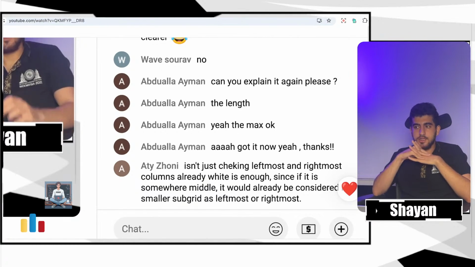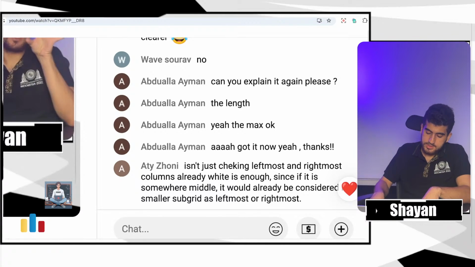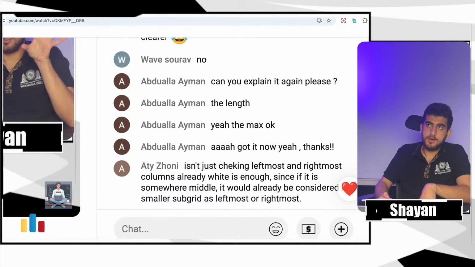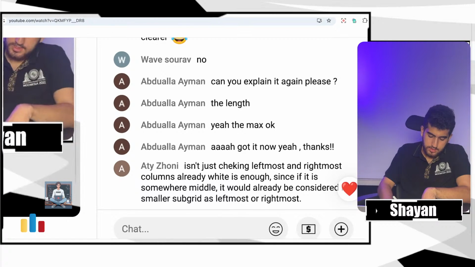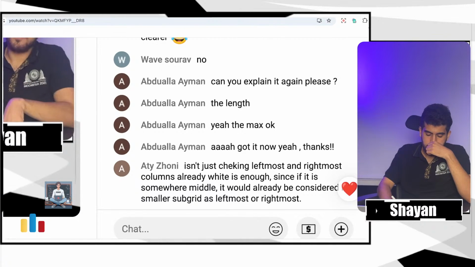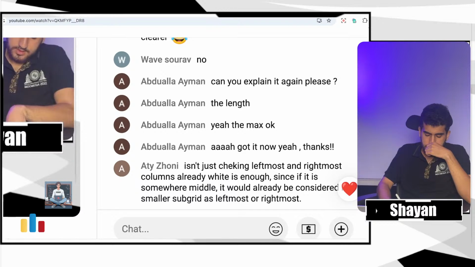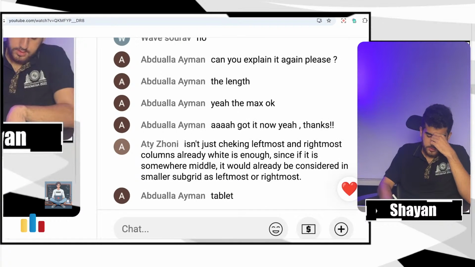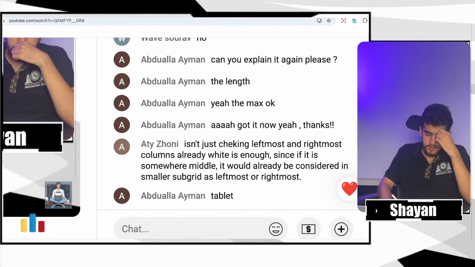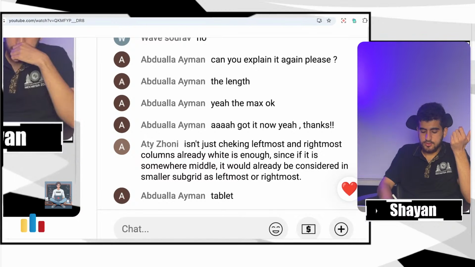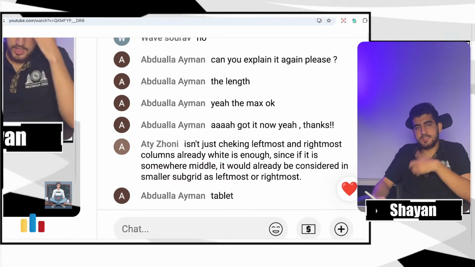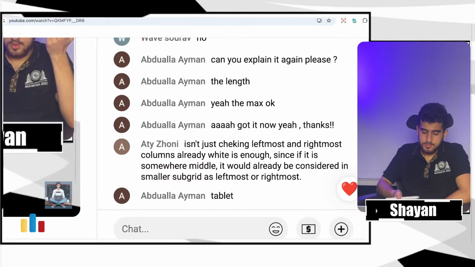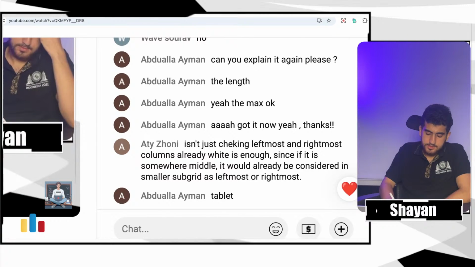So I mean, maybe for instance, this is going to be the case. Assume that you have a 3 by 3 grid, or let's say even a 1 by 3 grid, and assume that these two are black. As I said, initially I set my DP, I set my answer to the maximum of R and C. So initially I set my answer to be 3.